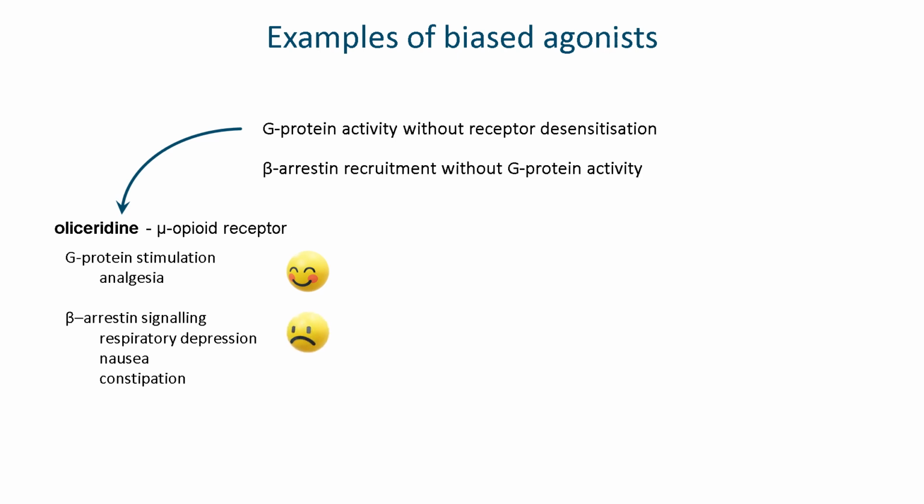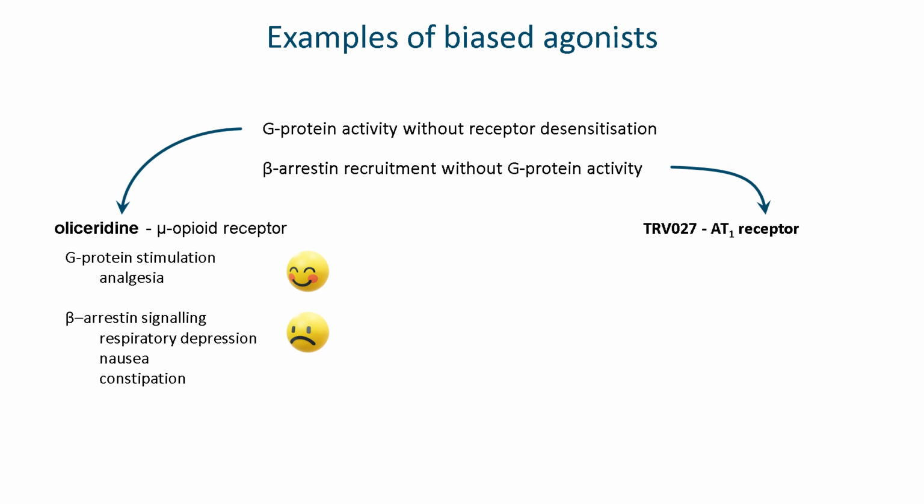An example of a drug biased towards the beta-arrestin pathway is TRV-027, which is under investigation for heart failure and COVID-19. It acts at the angiotensin type 1 receptor, which is the target for angiotensin receptor blockers used as first-line drugs to treat hypertension.